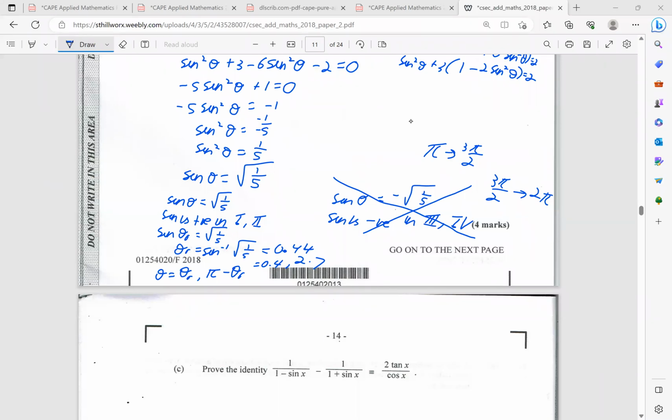So start with the left-hand side, see what you could come up with. Correct, yeah? So you have to find the LCM.